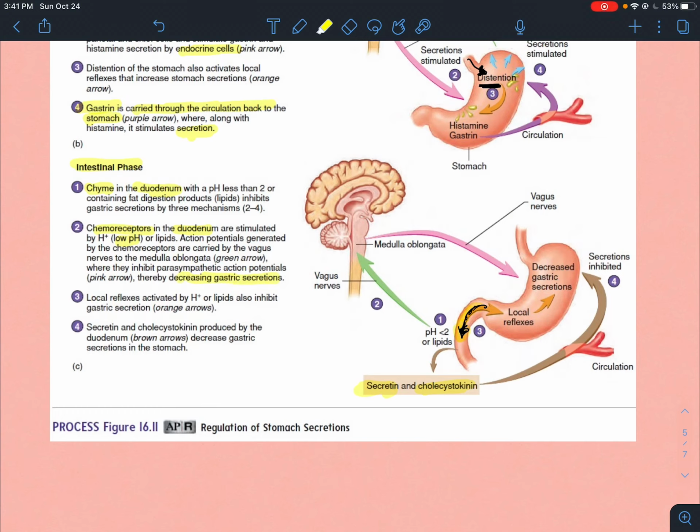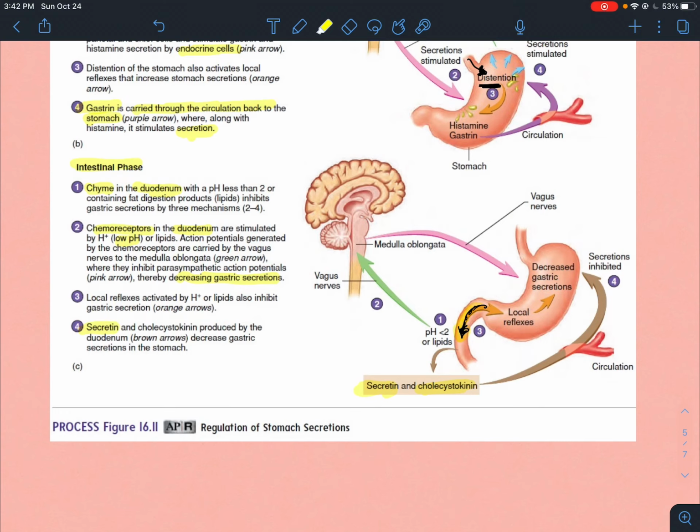We want to make less of that gastric juice in order to slow down the stomach so that the stomach can start to empty little by little into the duodenum. Remember, the duodenum cannot handle a lot of that chyme coming through. It can only take it little by little. In order to achieve that, we need to slow down what the stomach is doing so that it can now empty its contents into the duodenum.